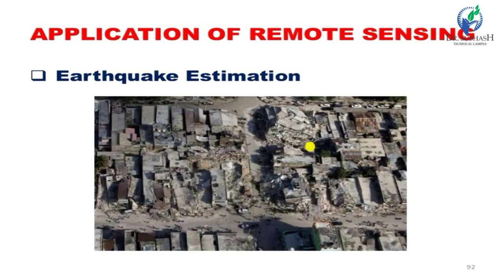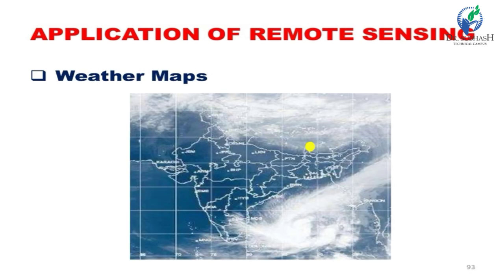Next is earthquake estimation. That is a very important application. At the time of an earthquake, we do not have any other devices to carry out the loss assessment. In that case, we look at our remote sensing images, and we can identify how much loss has been done.